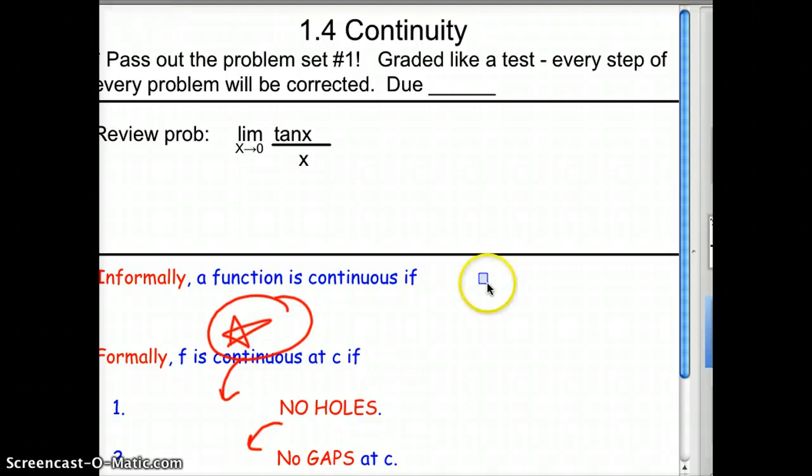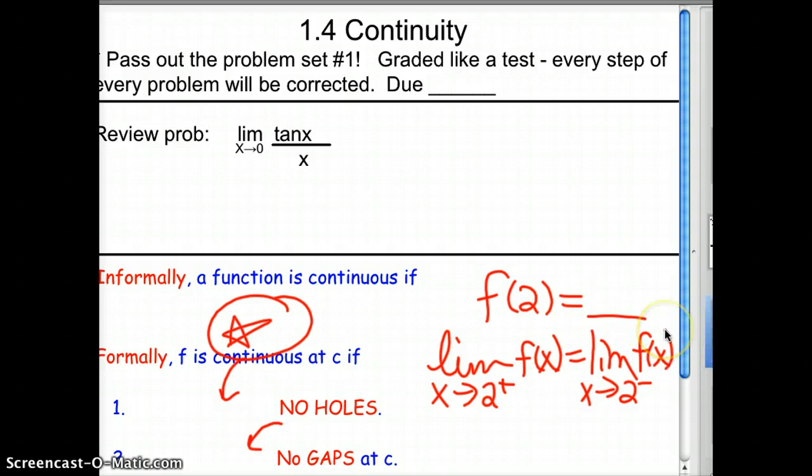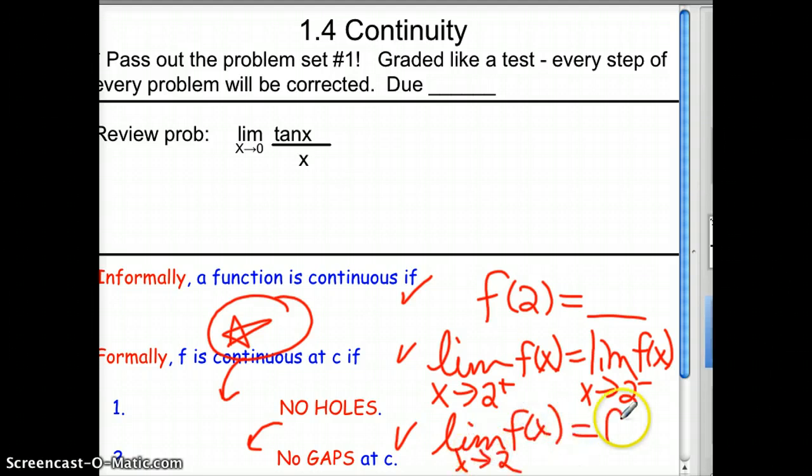So if I say, is it continuous at 2, you better plug in 2 and get out an answer. You better also tell me the limit as you approach 2 from the right of your function matches the limit as you approach 2 from the left. You also better tell me that that limit as you approach 2 is actually the same as what you got when you put 2 into the function.